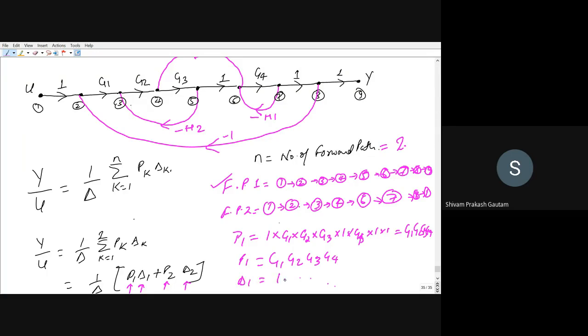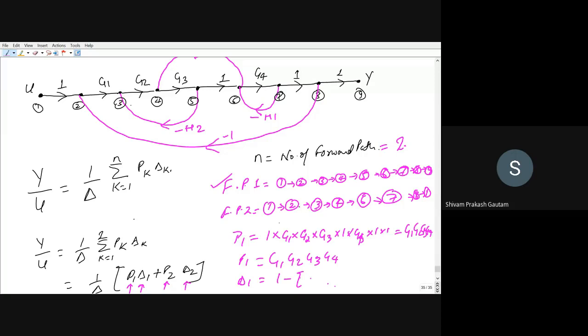Now we have to calculate del 1. Del 1 is 1 minus the sum of gains of all individual loops not touching the kth forward path. Is there any loop present which is not touching this forward path? You can see we have 9 nodes, and all the nodes are covered in path number 1. So there cannot be any loop which is not touching this, because in the forward path we have covered all the nodes.